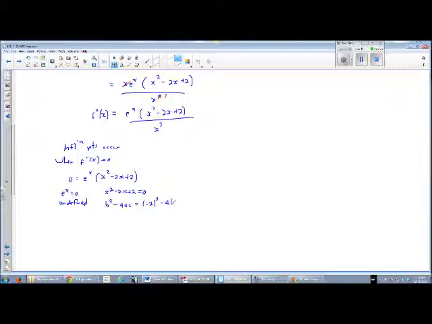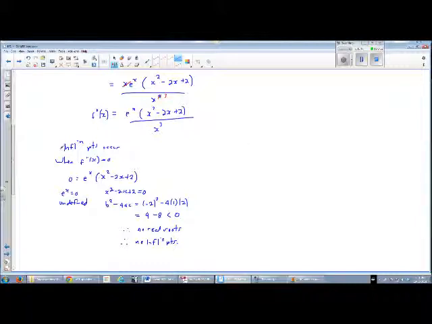And we see that that is 4 minus 8, which is less than 0. Therefore, there are no real roots of this. Therefore, there are no inflection points. So we can check the concavity. So now we know that the concavity is not going to be changing anywhere along the line.